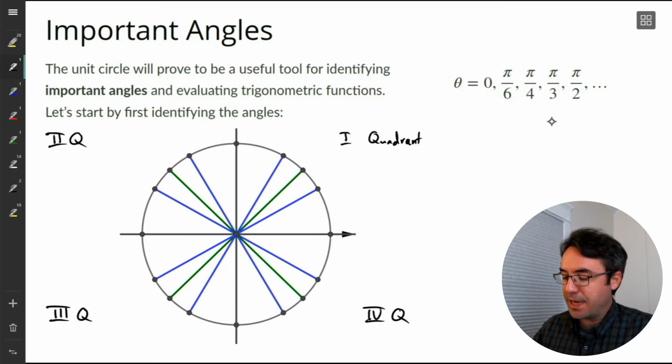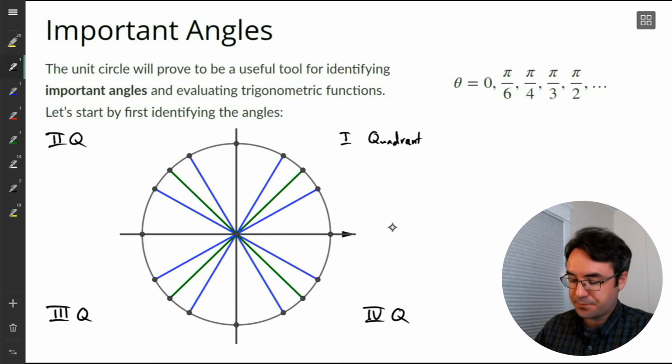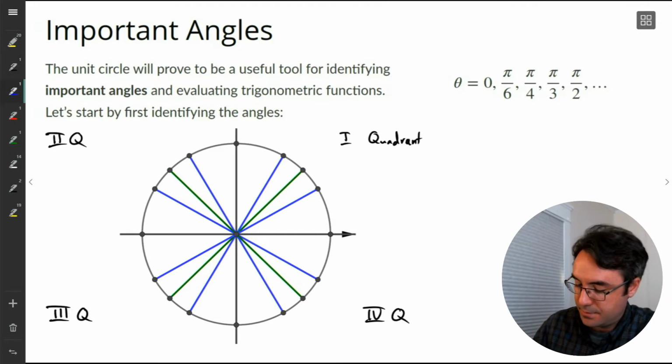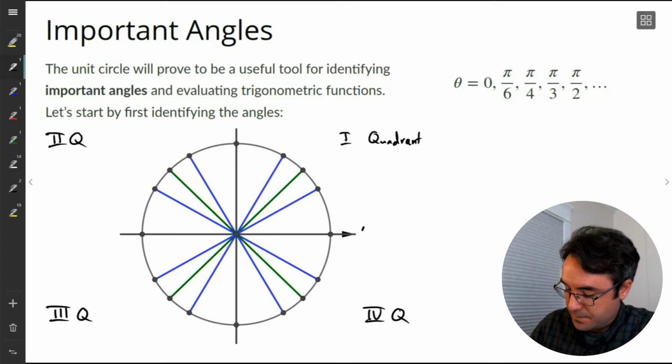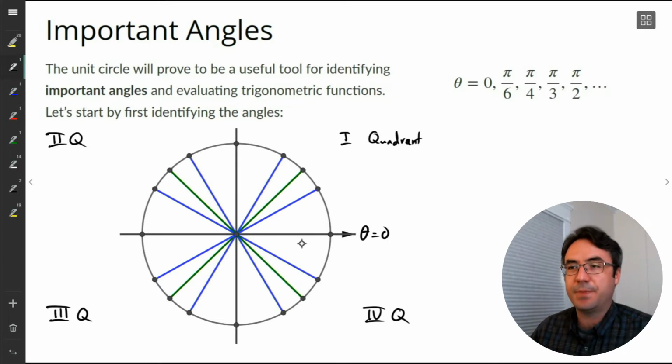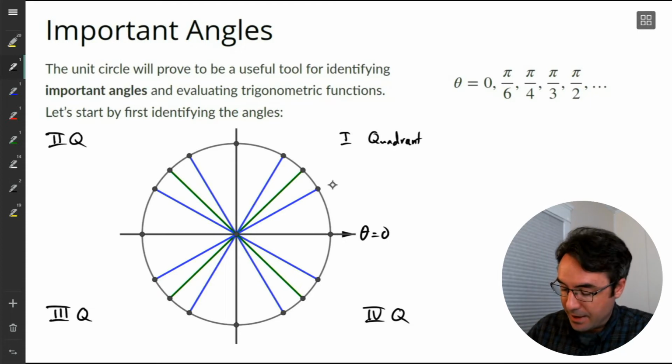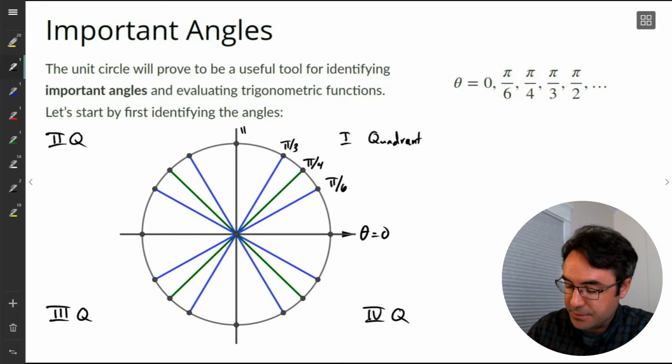And so the most common ones occur in the first quadrant here. So theta equals 0 corresponds to this positive x-axis. And then we have pi over 6, pi over 4, pi over 3, and then here's pi over 2.